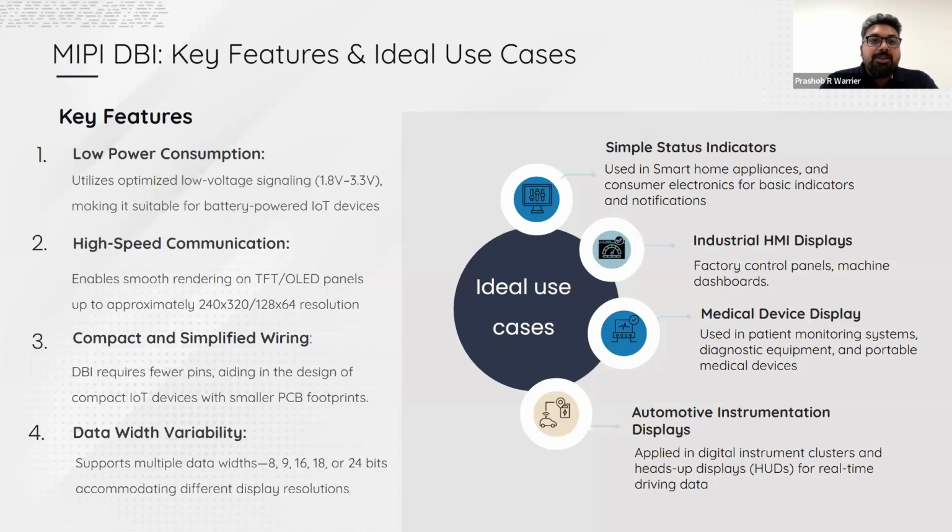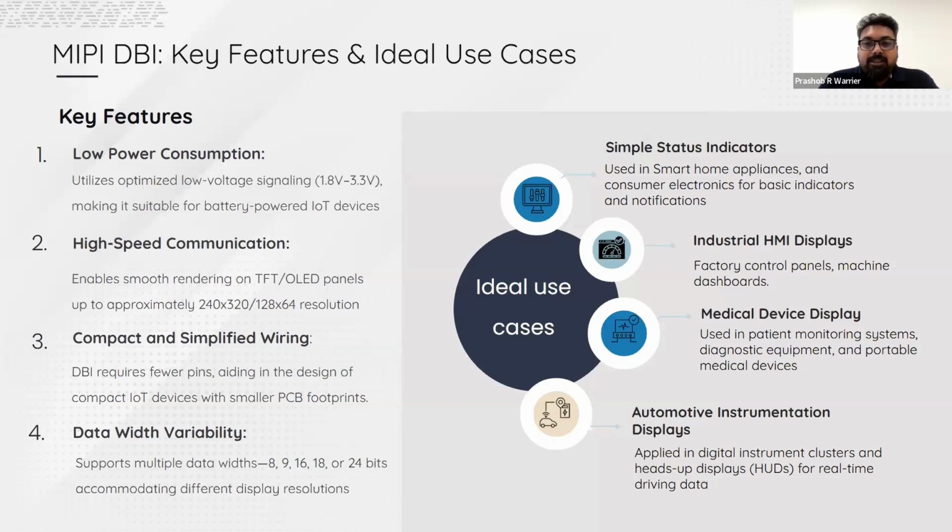The applications where MIPI DBI is suitable are simple status indicators, like a thermostat or a smart meter application, or HMI industrial panels where it just provides very real-time data that can be visualized.